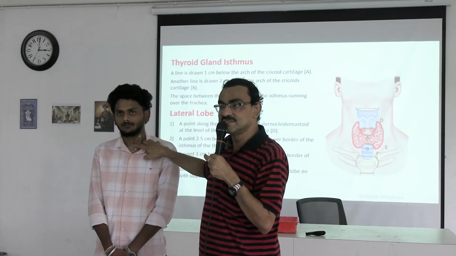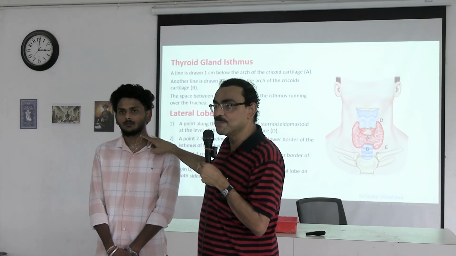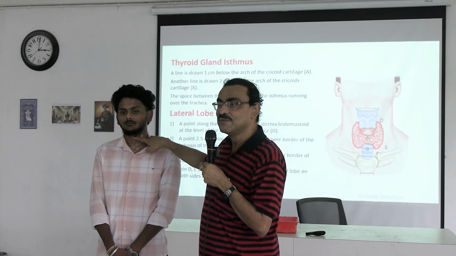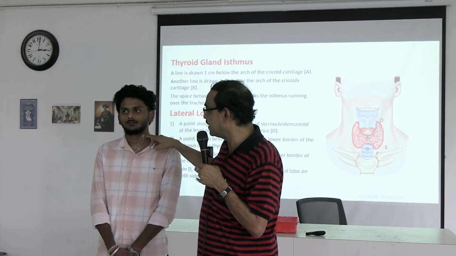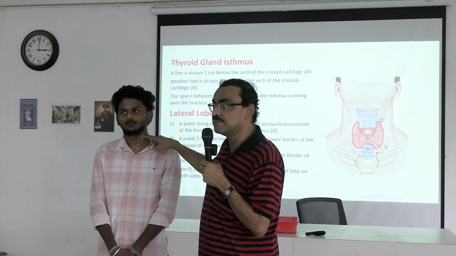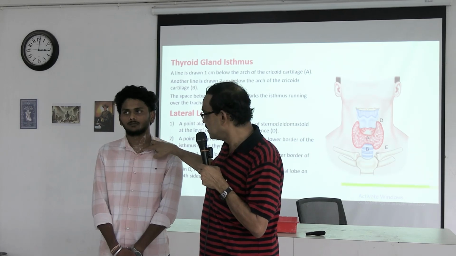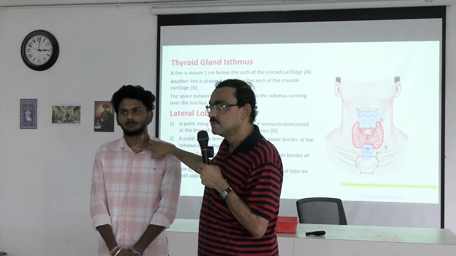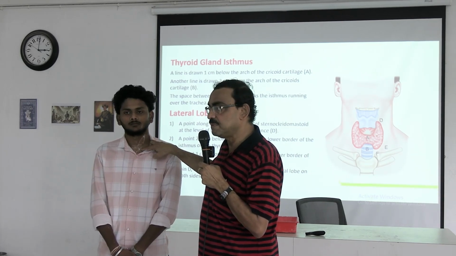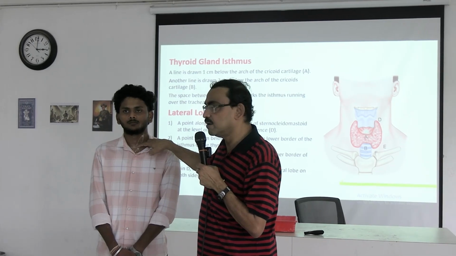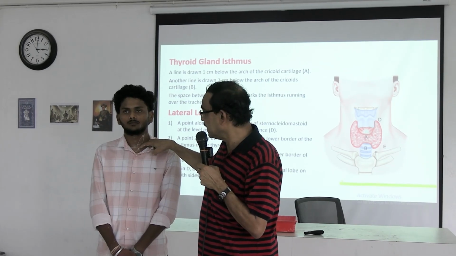This is the isthmus. This is 1 point at the level of the upper border of the thyroid cartilage and at the anterior border of the sternocleidomastoid. This is 1.25 centimeter below and lateral to the lower point of the cricoid cartilage.